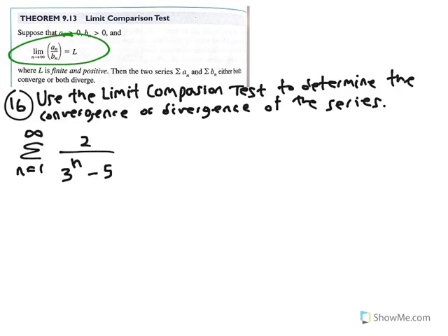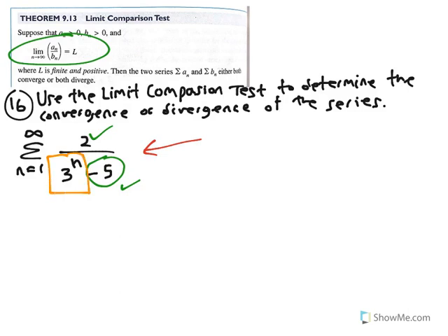So you have to look at the nth term of the series that you're considering. And we're considering the series that's given for number 16. If you look at the nth term, one thing that you'll notice is that you've got a constant 2 in the numerator, and then you're subtracting a constant 5 from the denominator. But the term that actually has n in it is this one here, and that's 3 to the n.